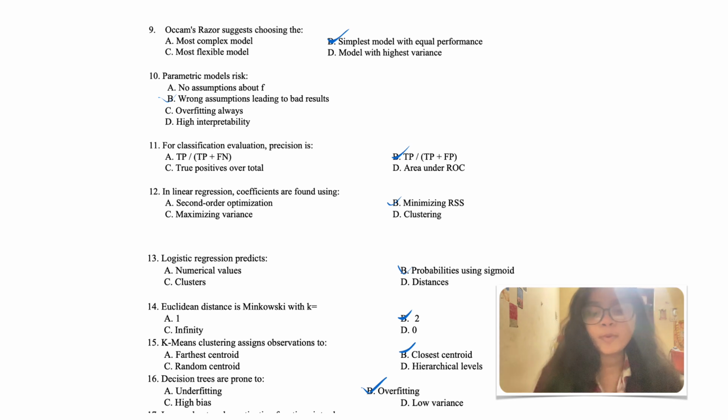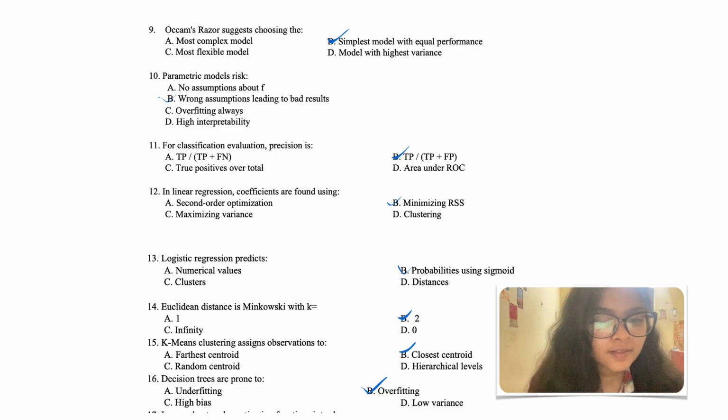We check the probability of an event, whether it is gonna happen or not gonna happen. Euclidean distance is Minkowski with k equal to 2. Here the value of k will be 2, which is used for calculating distance between 2 points in space, used widely in ML algorithms.